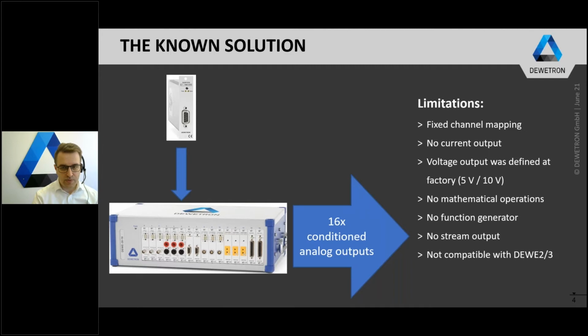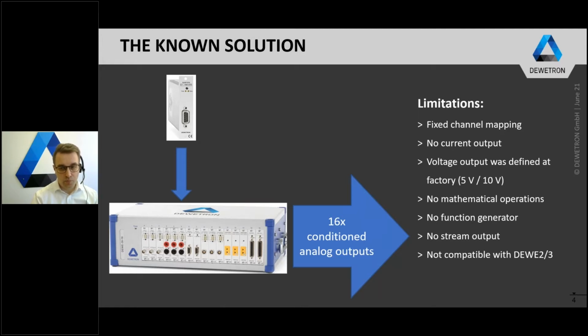There are certain limitations to this solution, which is a fixed channel mapping. You have not been able to change the mapping of the channels to the analog output afterwards, and there has been no current output. Voltage output has been defined by the factory, either 5 or 10 volt, and this was fixed and not changeable afterwards.